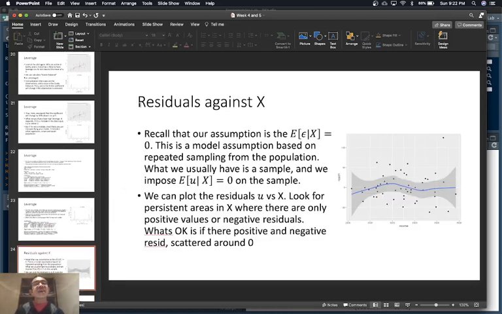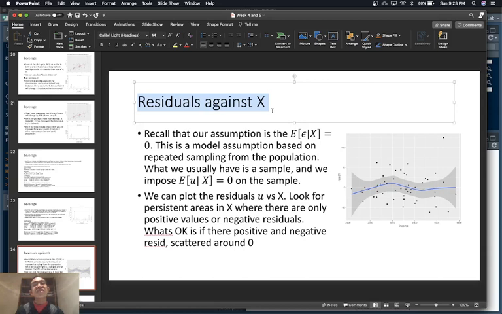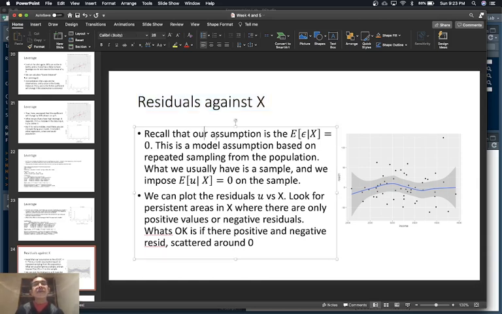Next, an important diagnostic is residuals against X, or even residuals against predicted, which is also equivalent. Notice that our population assumption is that the mean of E conditional on the covariates is equal to 0. Usually we only have a sample, and we impose that the mean of U conditional on X is 0 on the sample.